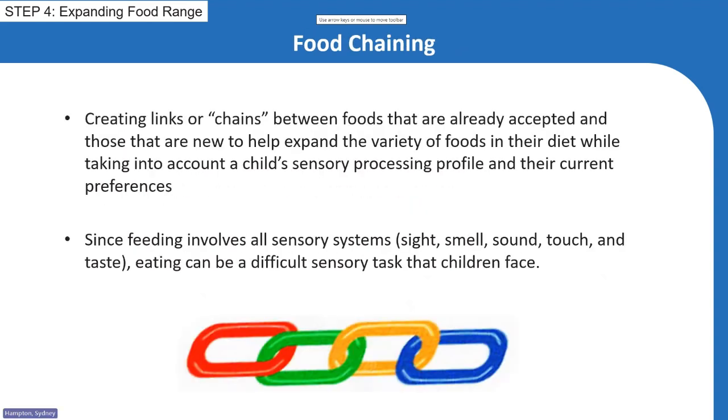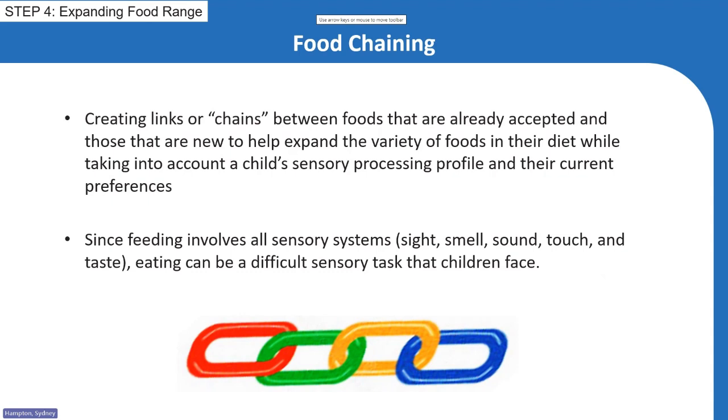So, looking at that aspect of food chaining, how are we able to build on that food that they're eating so that they might eat other things within that same category of the food that they like? Food chaining is a strategy developed by Cheryl Franker, an SLP, and through this strategy, it aims to build on a child's preference to slowly expand their food range.